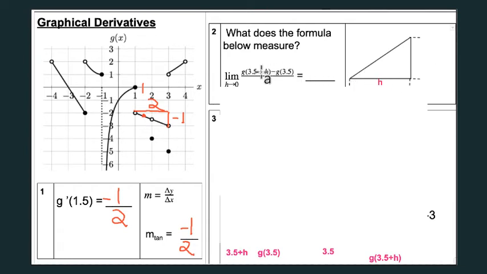The limit was always x plus h, and then x over here. So what's replacing the x? 3.5. So it looks like we're doing the slope from 3.5 to 3.5 plus h. So 3.5 is where it seems to start. I lost my 3.5, but that's okay. We can just type in 3.5 right there.